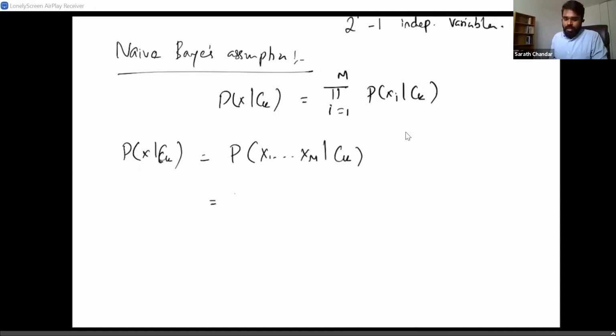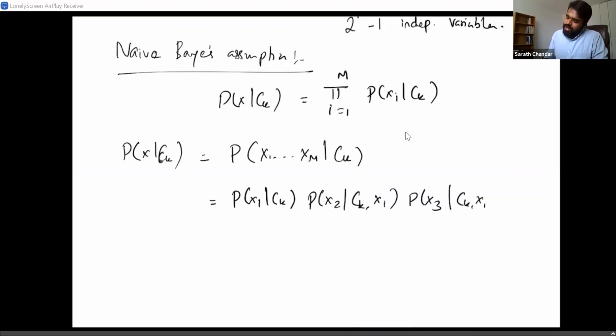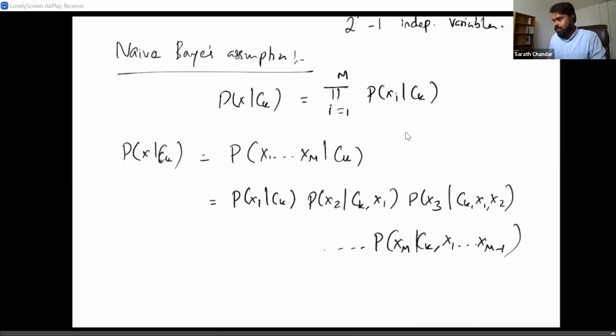First let's do the chain rule. So this becomes P of x1 given ck, P of x2 given ck comma x1, P of x3 given ck, x1, x2, and so on, P of xm given ck, x1 to xm minus 1.